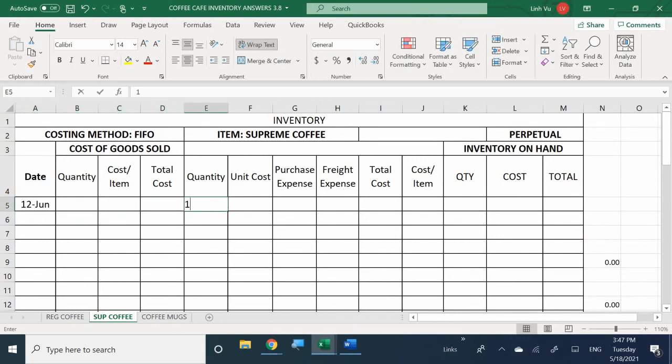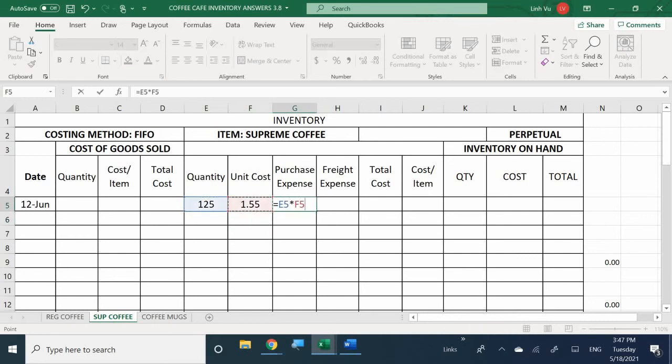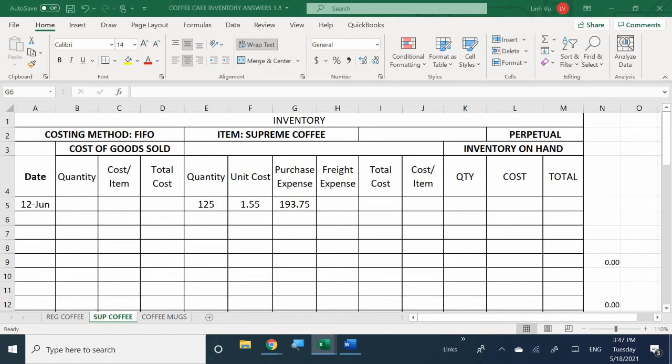My quantity, once again, is 125. The unit cost is $1.55 per pound. So therefore, what is my total purchase price? $193.75. And like I've mentioned before, stop here, hold on, because we will encounter freight expense.